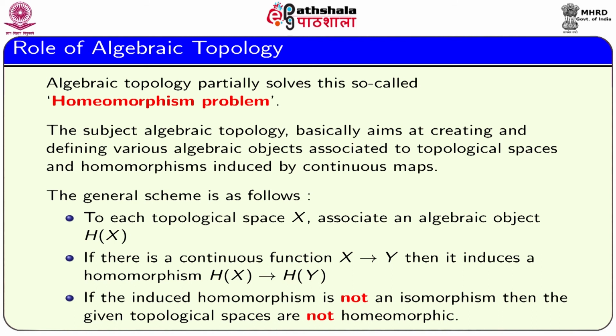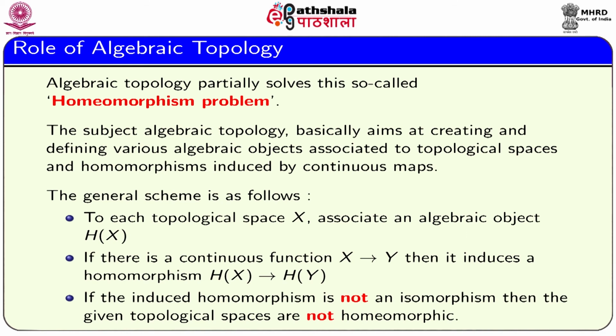Now see, this solution is one-sided. Why? Because if two topological spaces X and Y are given and we know that they are homeomorphic, then only we can conclude that the corresponding induced homomorphism between Hx and Hy becomes an isomorphism.